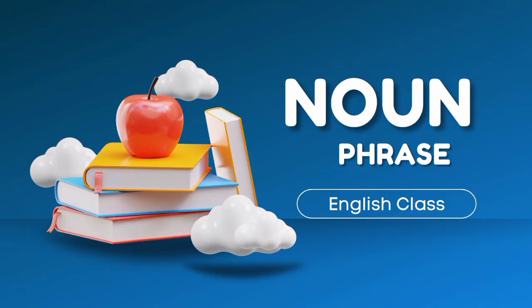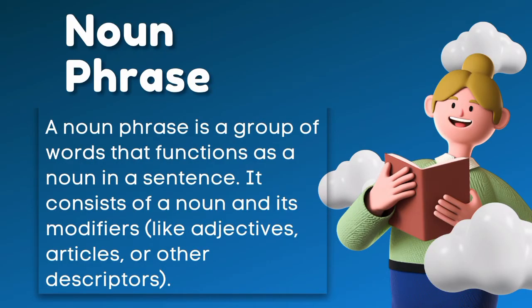A noun phrase is a group of words that functions as a noun in a sentence. It consists of a noun and its modifiers like adjectives, articles, or other descriptors.